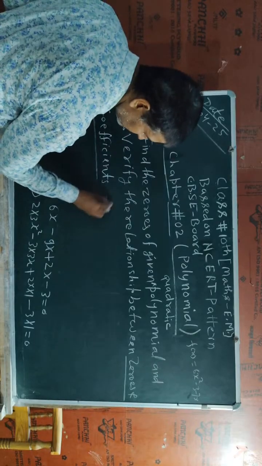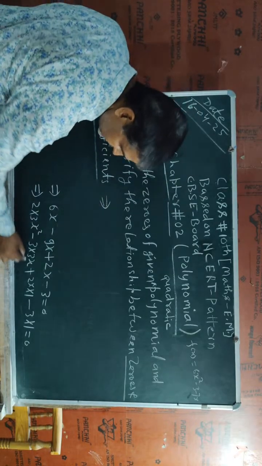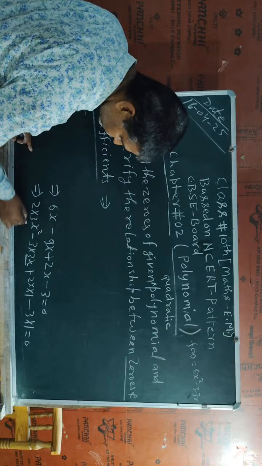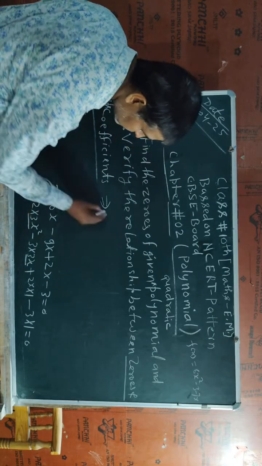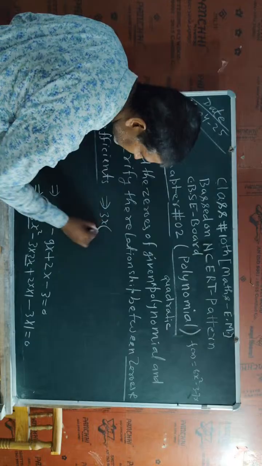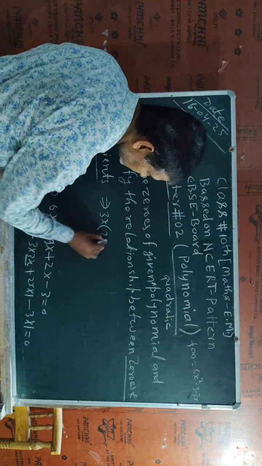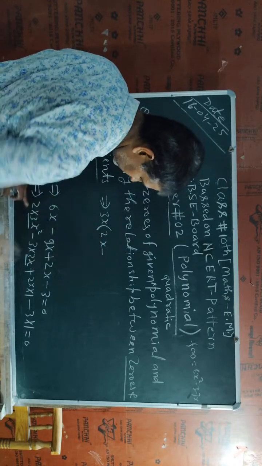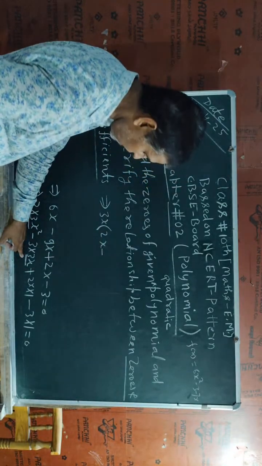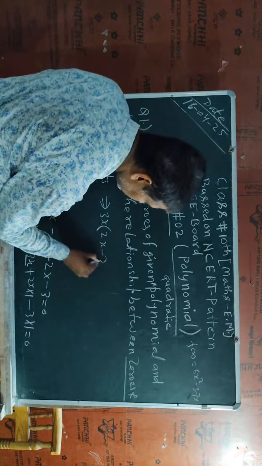So here I am putting it like that. Here 3x is available, and here also I will take 1 three and 1 x. So here I am taking 3x common. So here will be 2, and here 1x is balance. So here I will write 2x, and here 3x is outside. So here will be minus 3.